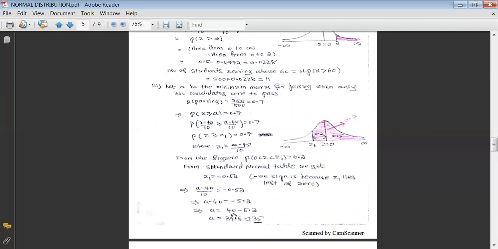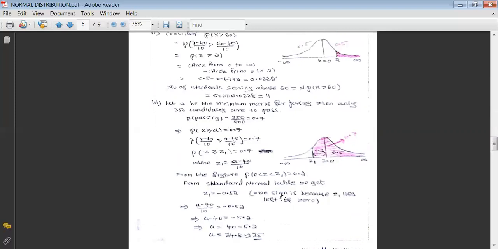Taking 40 to the other side, A becomes 40 minus 5.2, which simplifies to 34.8, approximately 35. That means if our intention is to promote only 350 candidates to the next class, we have to propose the minimum marks for passing as 35. That is the required solution for the third case.